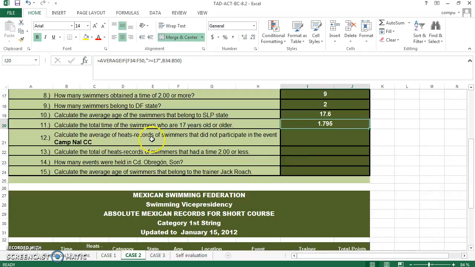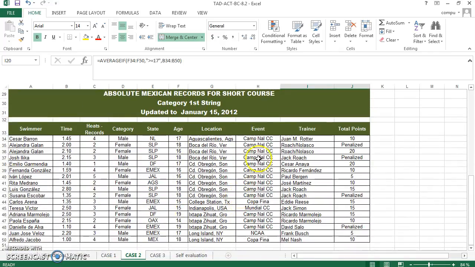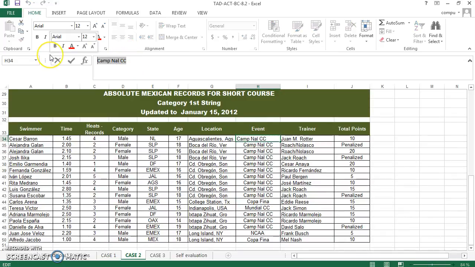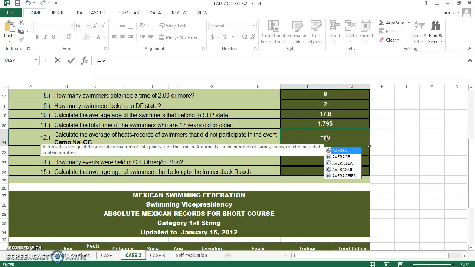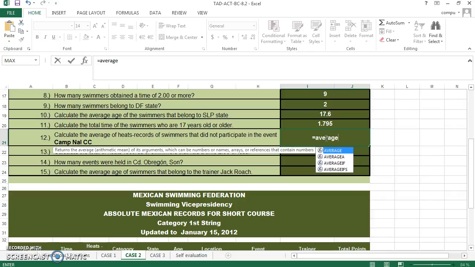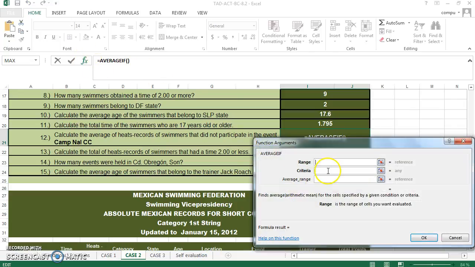Calculate the average of heats records of swimmers that did not participate in the event Campeonato Nacional CC. I'm copy pasting the exact words, and they want us to get the average only for the ones who did not participate, so different from this championship.